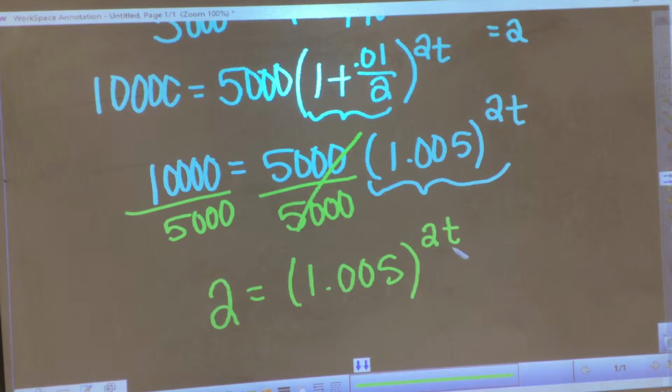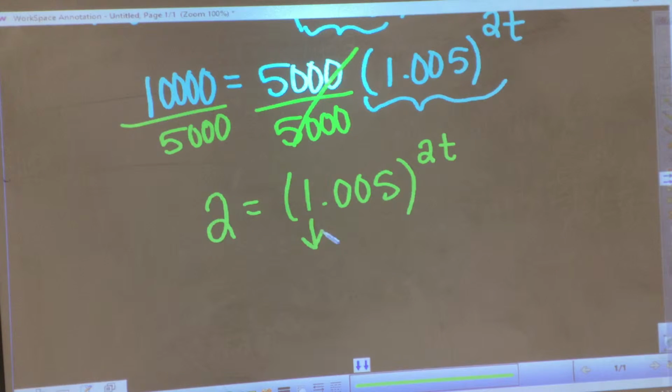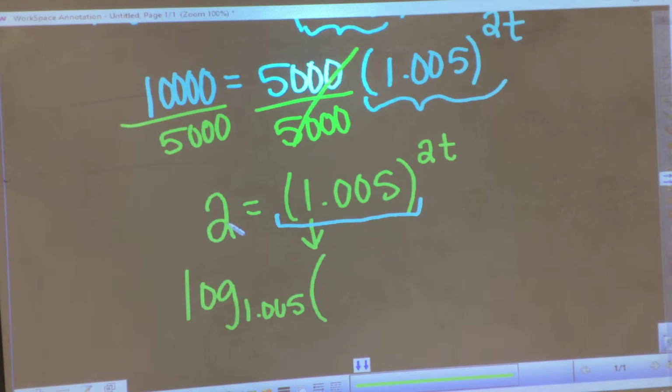Okay, now for us to solve for this exponent, we're going to use logs. So rewriting this using a log, our base is 1.005, of what it's equal to, which is 2, equals our exponent 2t.